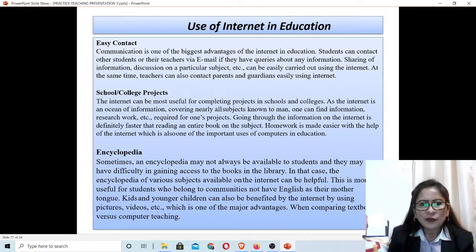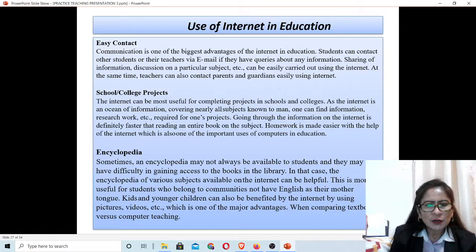One can find information for research work required for one's project. Going through the information on the internet is definitely faster than reading an entire book on the subject. Homework is made easier with the help of the internet, which is also one of the important uses of computers in education.